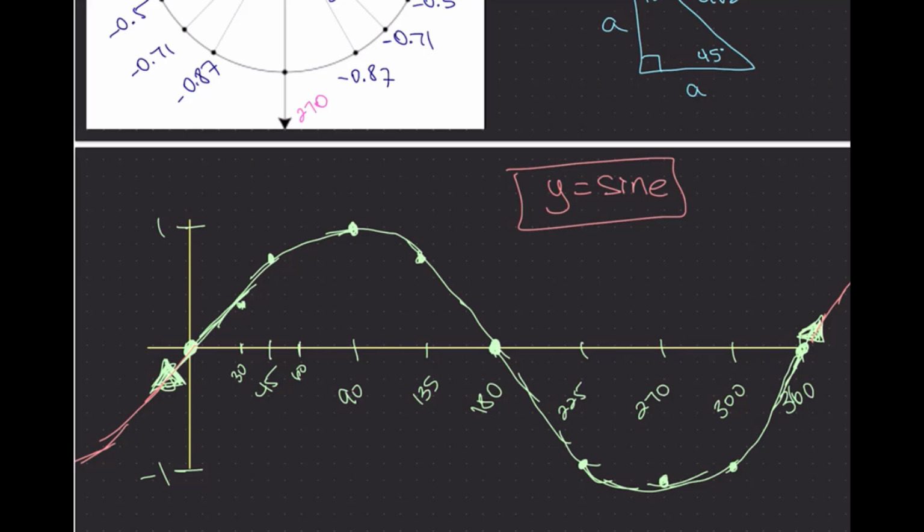Sine functions go through the origin. Granted, we can get some variations of this, but that parent function of the sine will go through the origin, because the cosine will not. Those are looking at the x values.